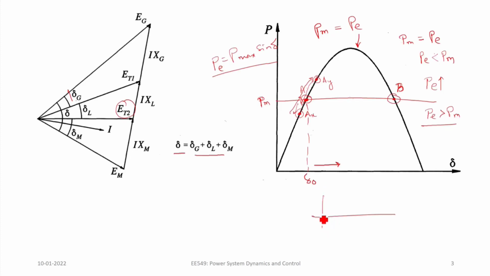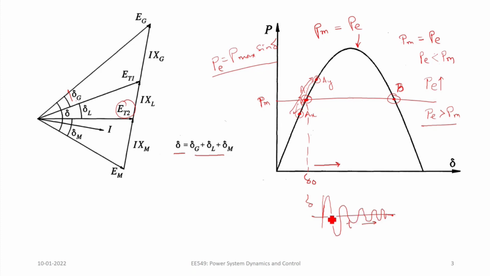If we see the characteristic of delta versus time during this disturbance period, initially it will have a large oscillation, then gradually it will die out and settle at point A again, right? With small disturbance we are talking about.